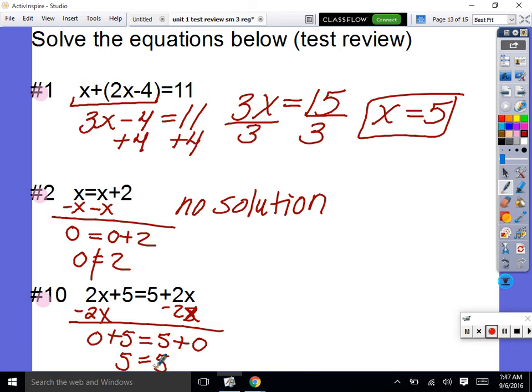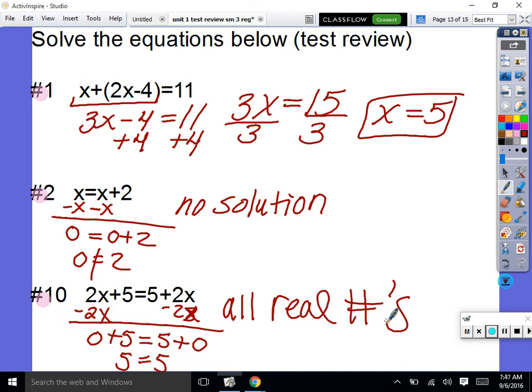Any number we plug in for x, if we plug in a 1, it's going to be a true statement. If we plug in 2, it's going to be a true statement. So our answer would be all real numbers. If it's a true statement, then any number we plug in that's a real number will be a true statement. Questions?